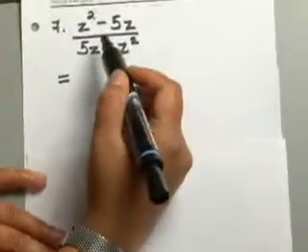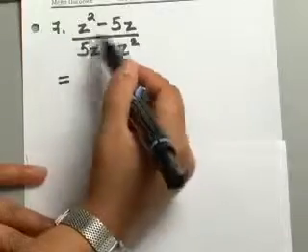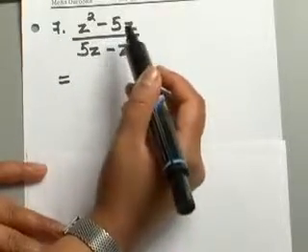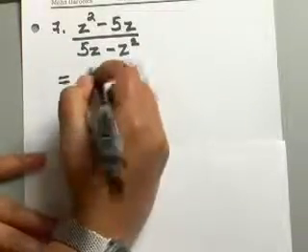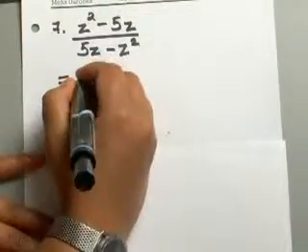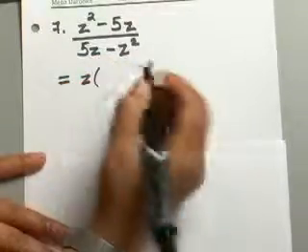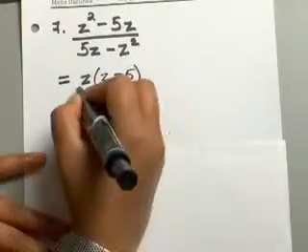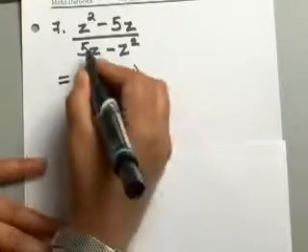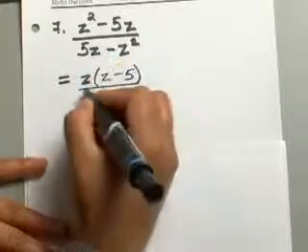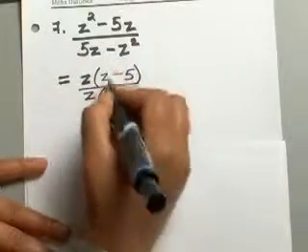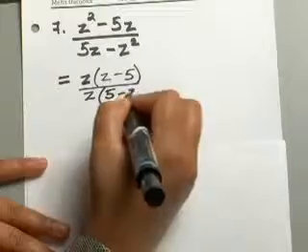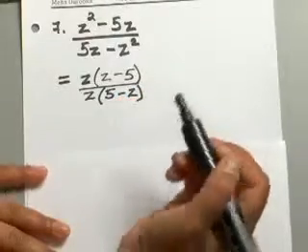You have z squared minus 5z, so you can see z is common between both our terms here. So you can pull z outside as your greatest common factor, and that will leave you with z minus 5. On your denominator, again, z is common between the two terms, so if you take the z outside, you're left with 5 minus z. Okay?